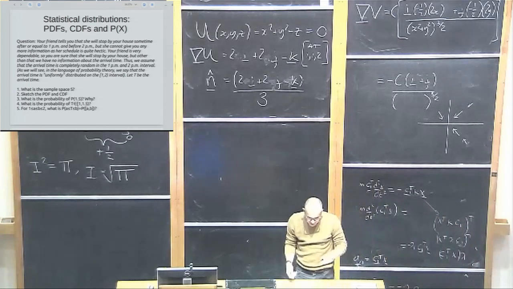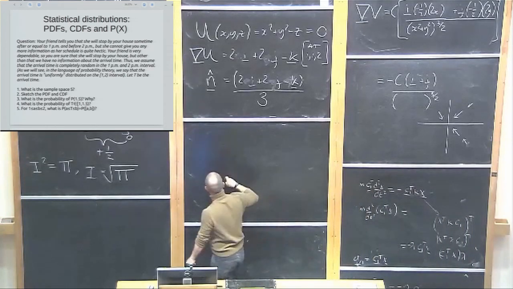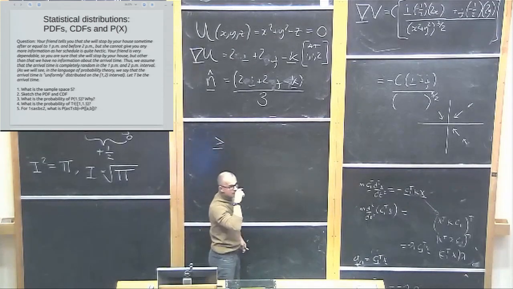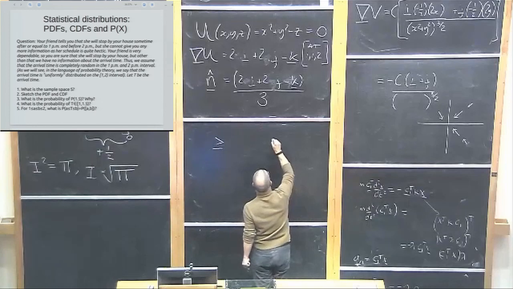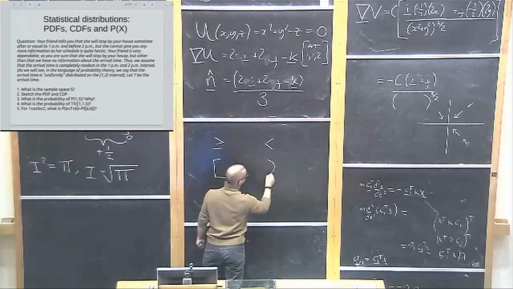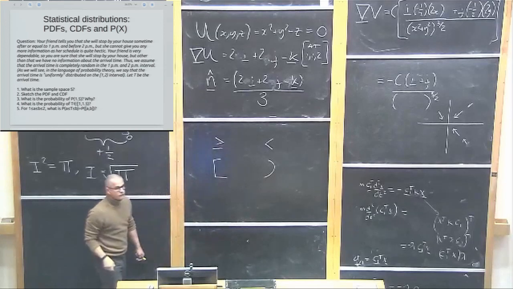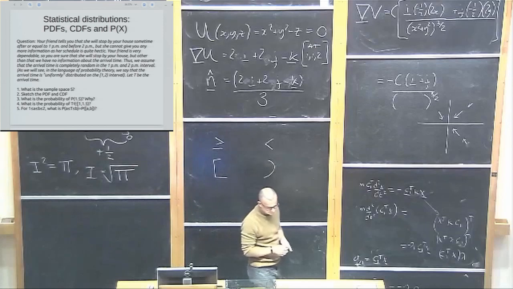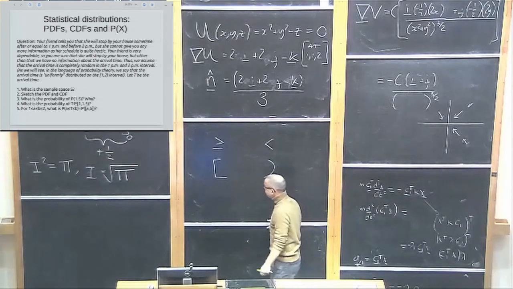First, you'll notice that the question says after or equal to, whereas the end time just says before, and we use these two symbols for probability distributions to illustrate those two criteria. What is the sample space S?